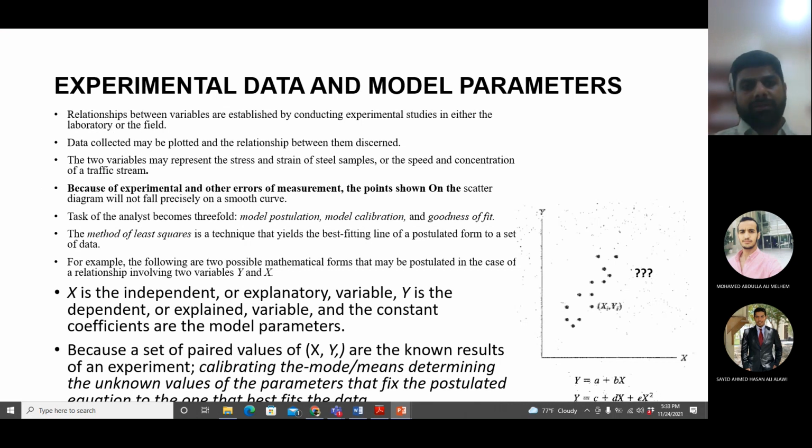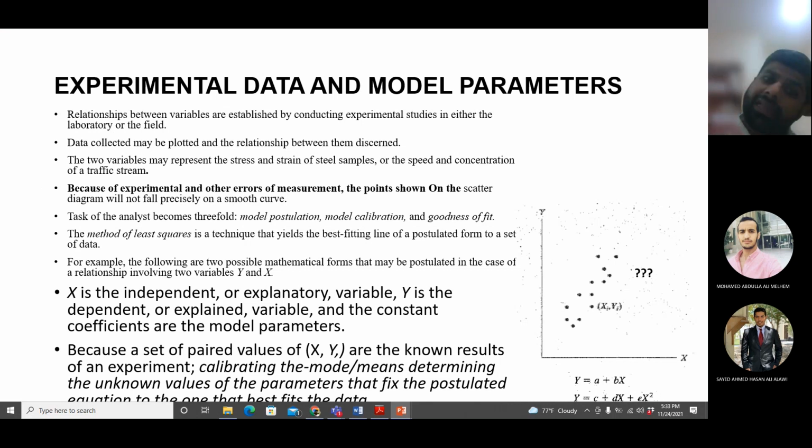In this experimental program, you are measuring inputs as well as output. The thing you want to put into the model and the thing you want to get out of the model, you are measuring both in the initial experimental program so that you know how one parameter is affecting the other.